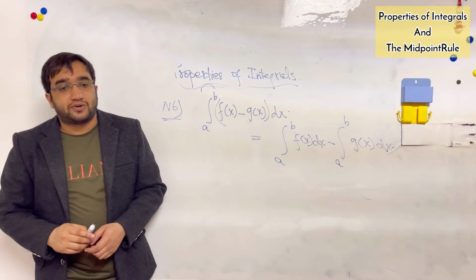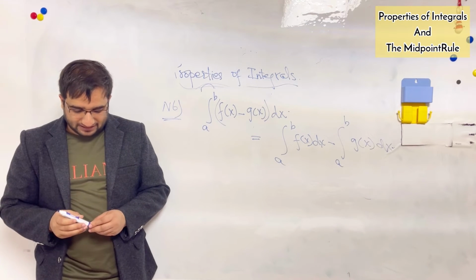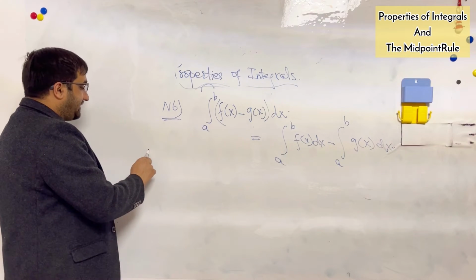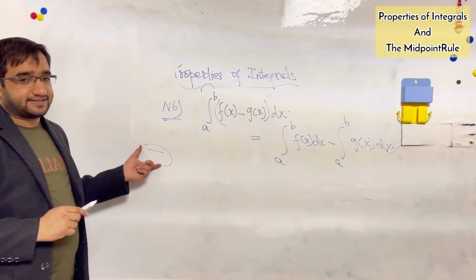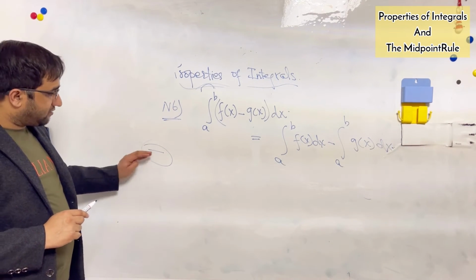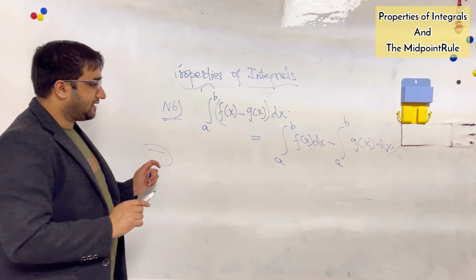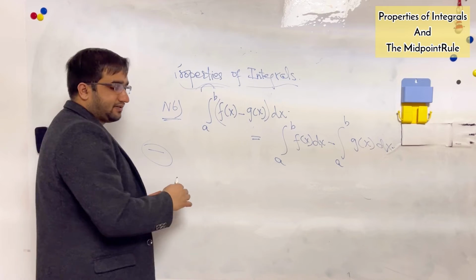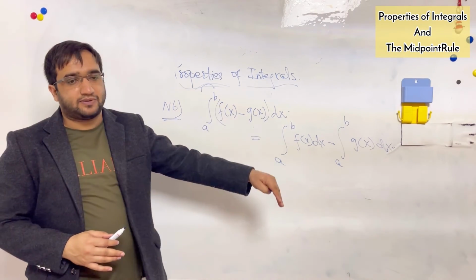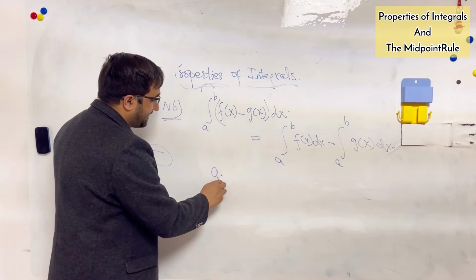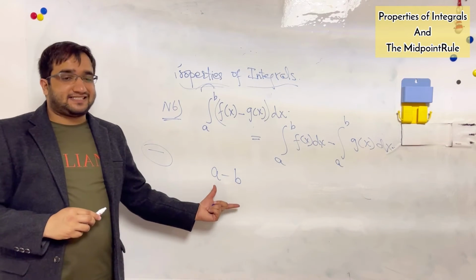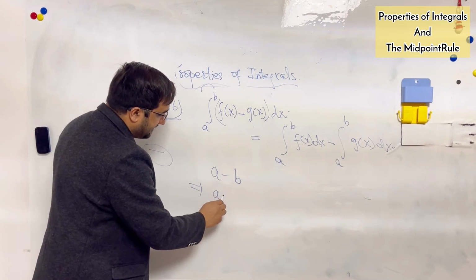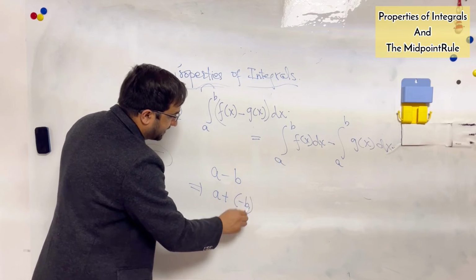one thing you should know in logical mathematics, there is no concept of a difference. A difference is actually a sum of something positive with a negative number. So if you are writing a minus b, this is generally wrong. Actually this thing is a plus a negative of b.